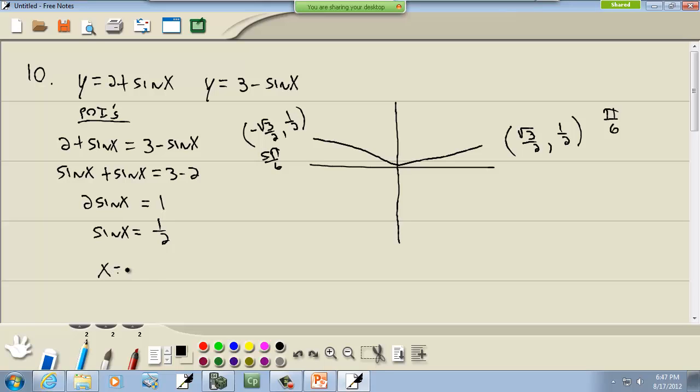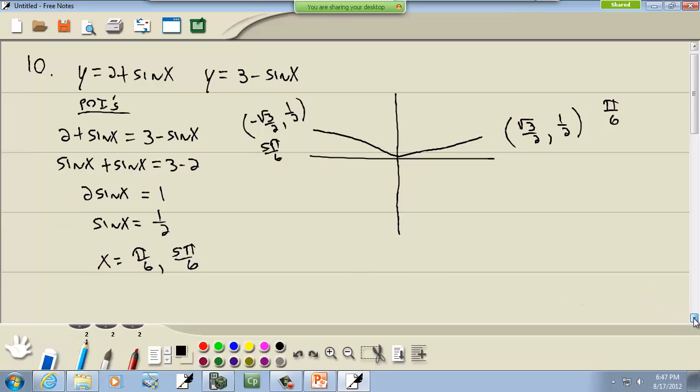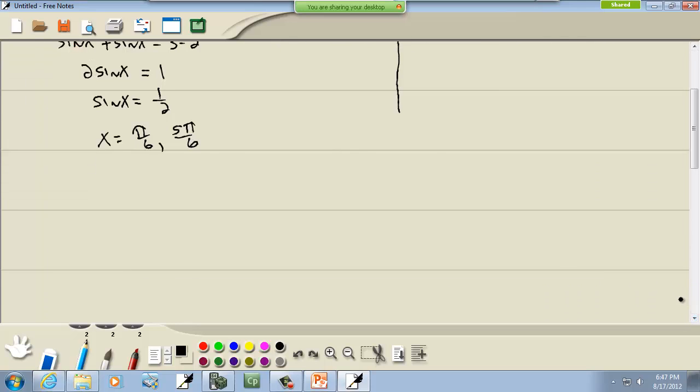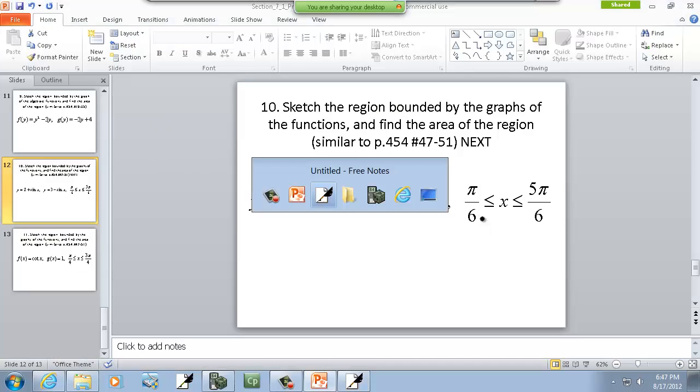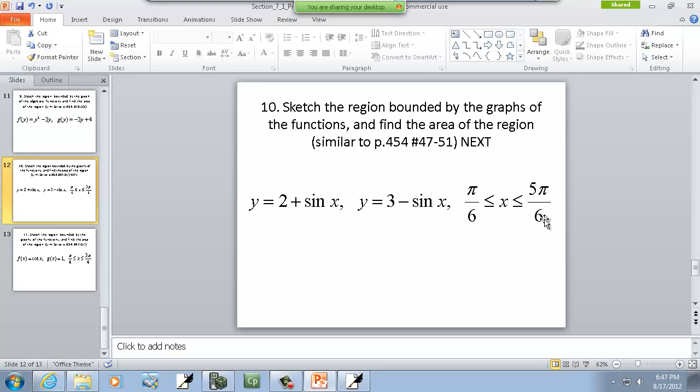So our intersections are pi over 6 and 5 pi over 6. But they're asking us to look between pi over 6 and 5 pi over 6. So they already give us those intervals. The only thing we have to determine is which one's above and which one's below. Now, they don't intersect in between here, so we don't need to worry about that part.